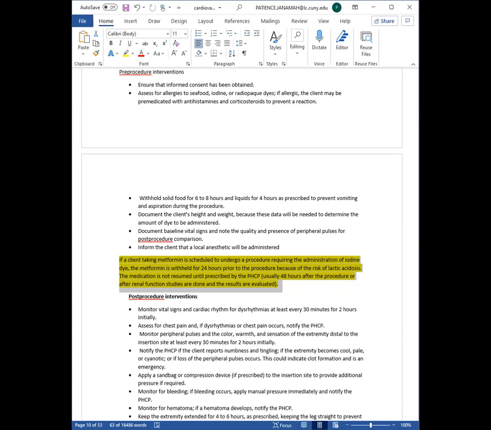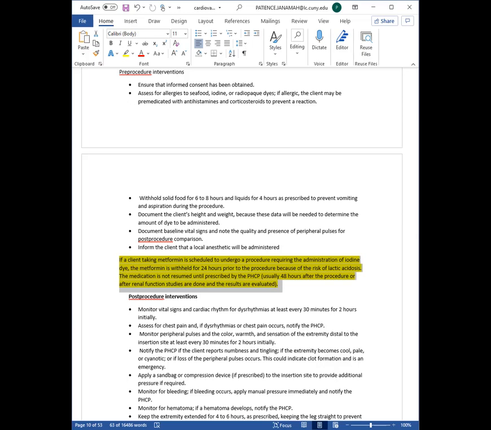If a client taking metformin is scheduled to undergo a procedure that requires the administration of iodine, the metformin is withheld for a 24 hour period prior to the procedure because of the risk of lactic acidosis. The medication is not resumed until prescribed by the healthcare provider, usually 48 hours after the procedure or after renal function studies are done and the results are evaluated.